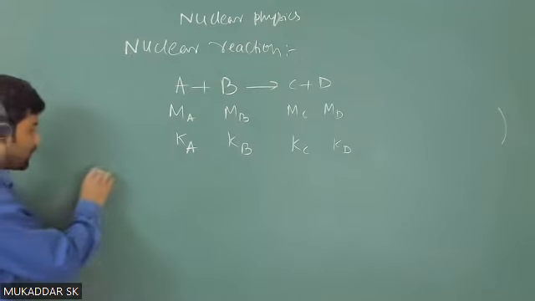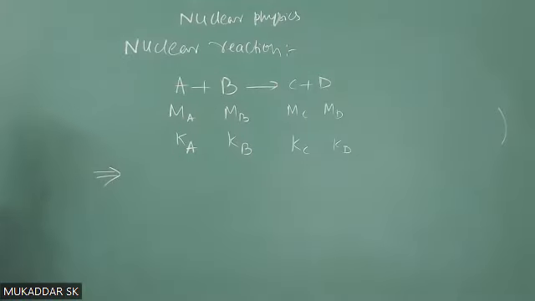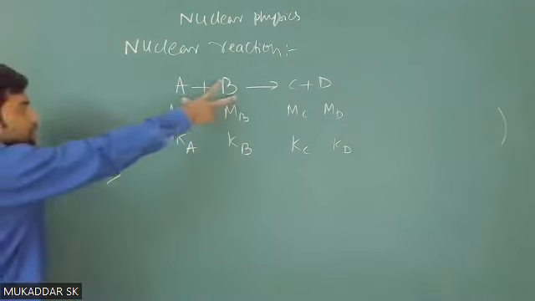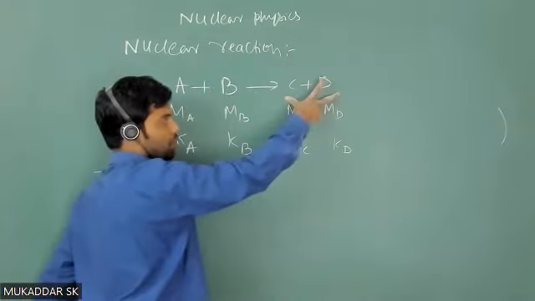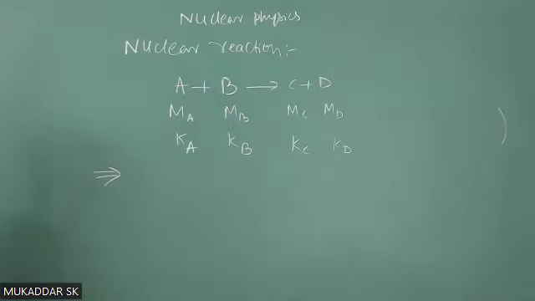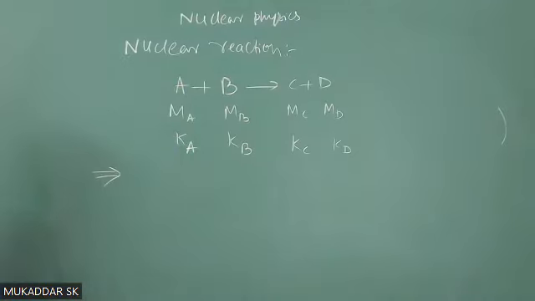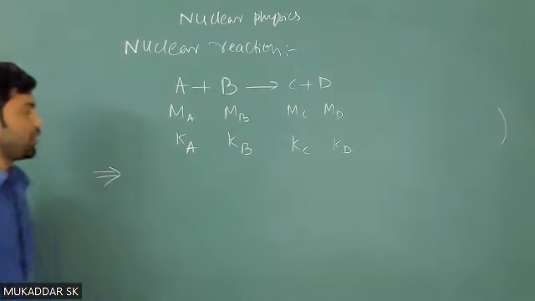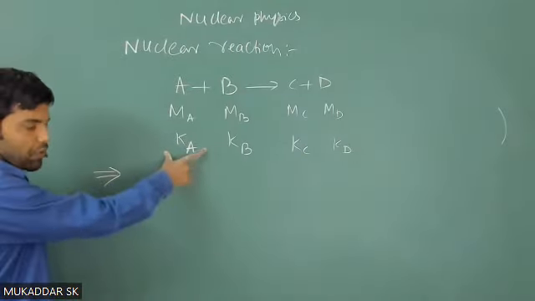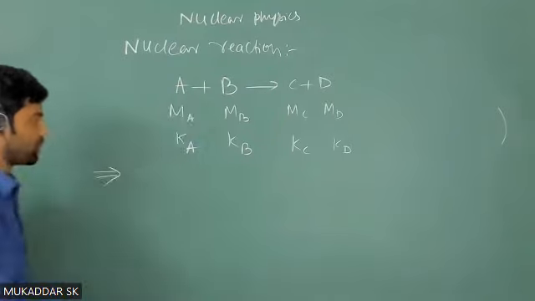Now, for any nuclear reaction or decay, energy should be conserved, right? It means the total energy of the reactant should be equal to the total energy of the product. Okay? What will be the total energy of the reactant? Total energy means total energy of A plus total energy of B. Total energy of A has two components: one is kinetic energy, another is rest mass energy.